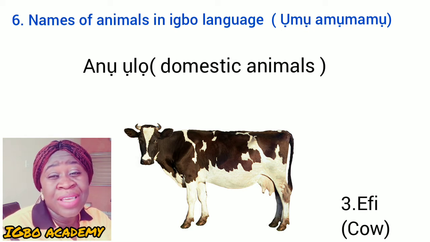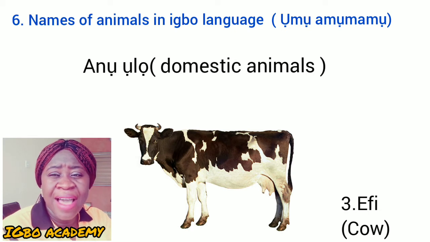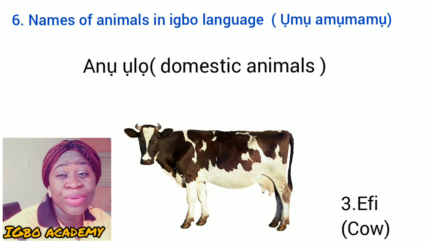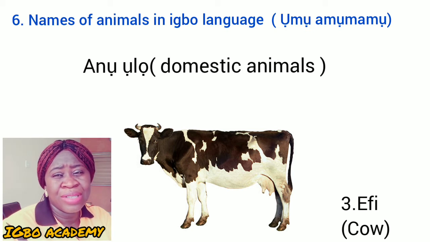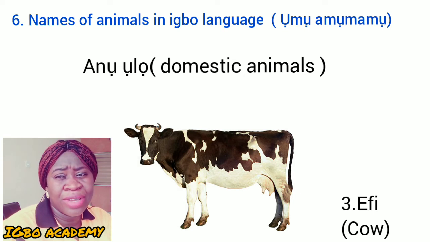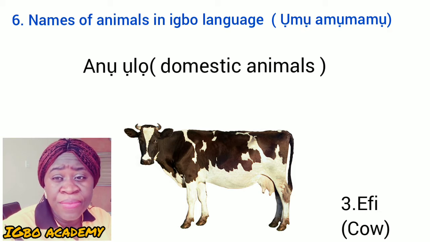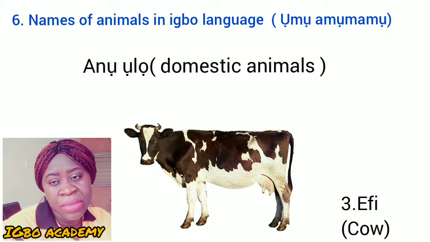In Igbo dialects, some people, like in Anambra, use more of F, and in other parts, like in Abia and Enugu, they use more of H. So whenever you see H and F interchanged, just know that we are talking about the same thing. So number three is cow. Cow is called efi or ehi, whichever you want to call it.